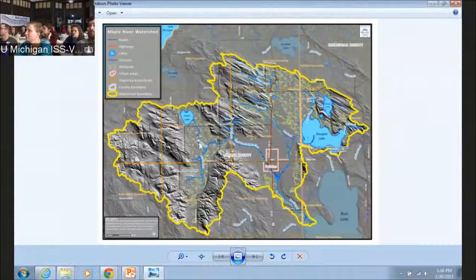Where they meet is where the dam is and forms Lake Kathleen down here. And then from there, the Maple River flows into Burt Lake and Maple Bay. And the Pleasant View Swamp we were talking about is over in this area on the West Branch. That's basically it.